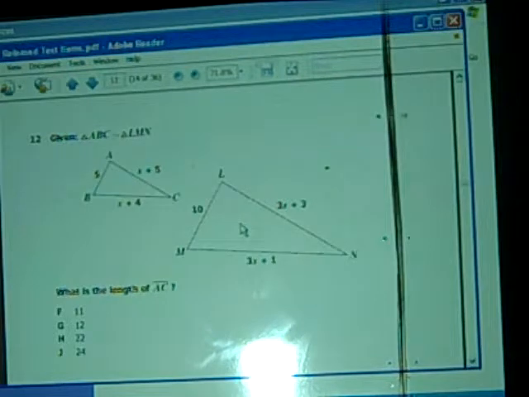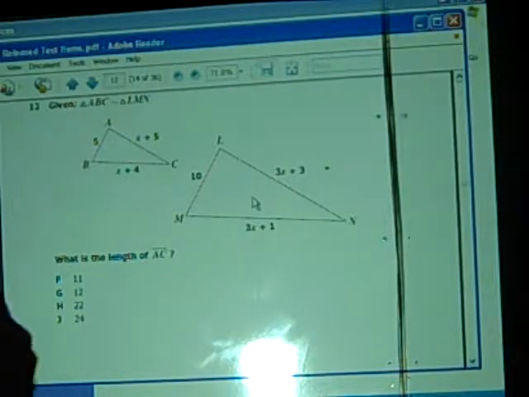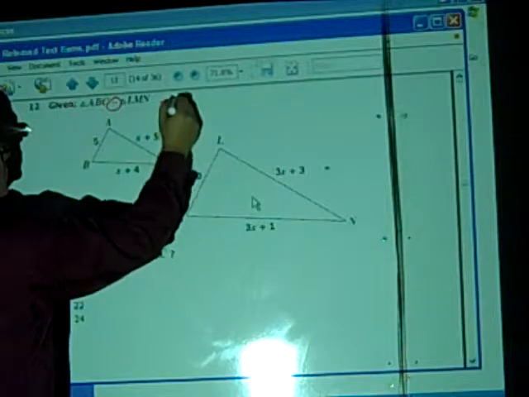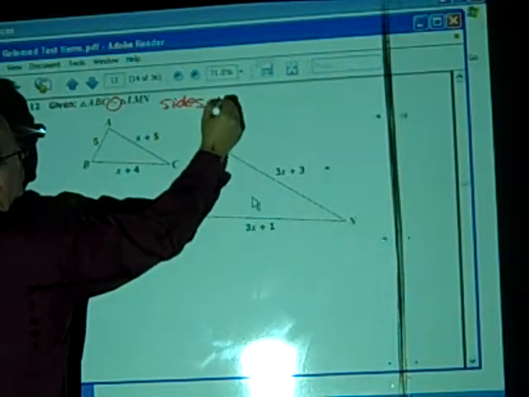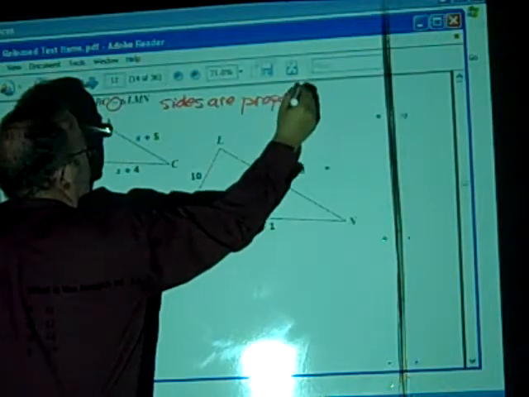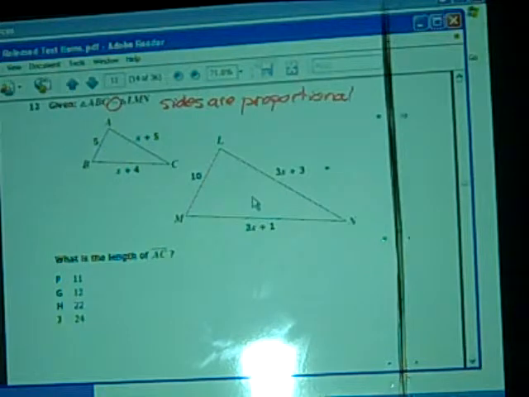Number 12. All right, given ABC is similar to LMN, what is the length of AC? Okay, similar means that the sides are proportional, not congruent. So we have to set up some proportions.